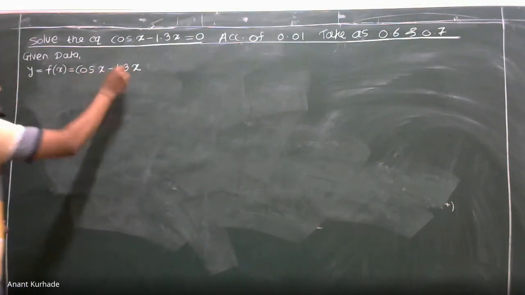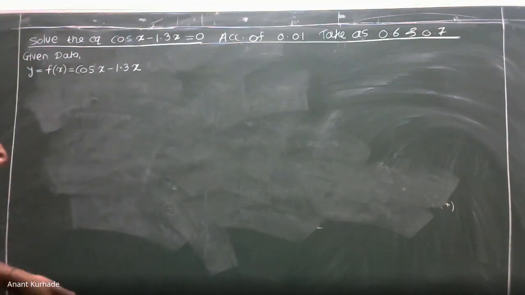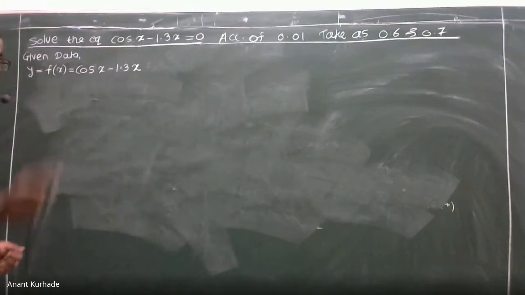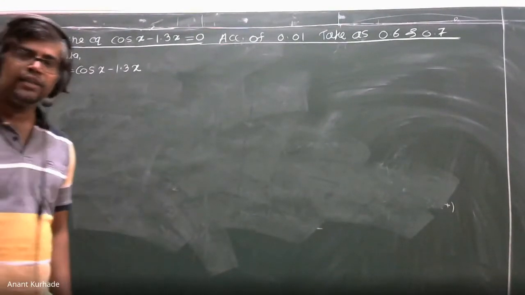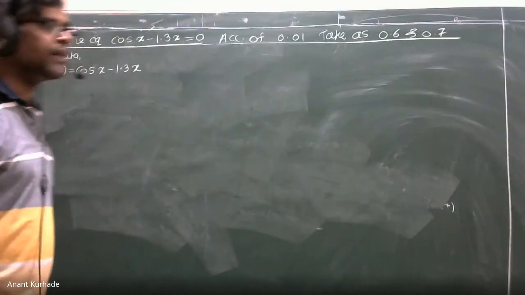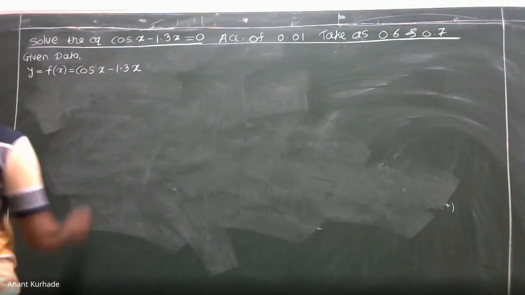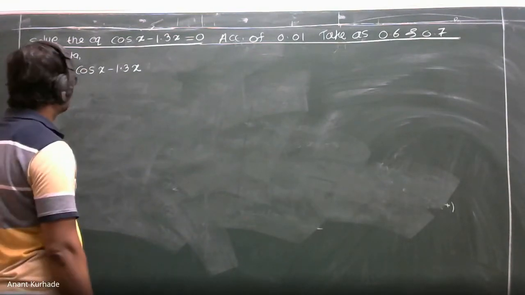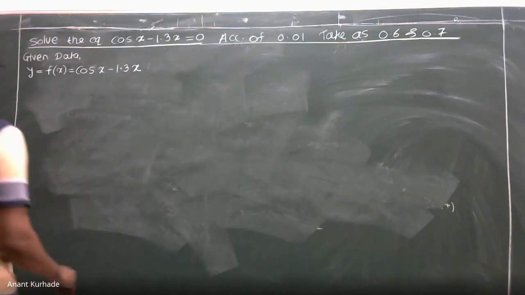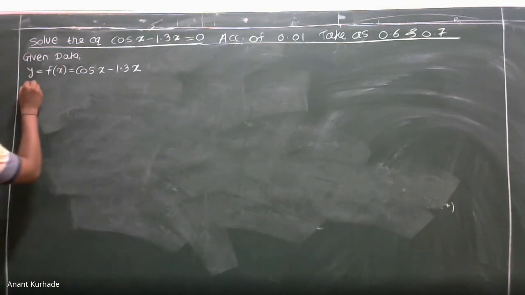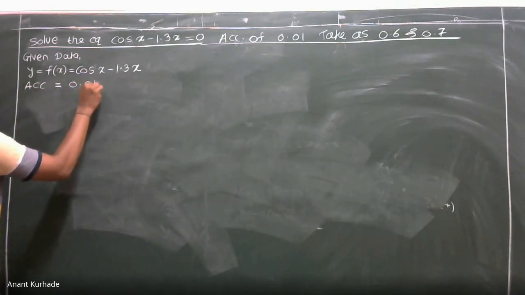In this equation we have a trigonometric function, so change the mode of the calculator from degree to radian, and always fix your calculator up to 4 decimal places. Do this fast. Again, what is given? We have the accuracy, ACC, equal to 0.01.